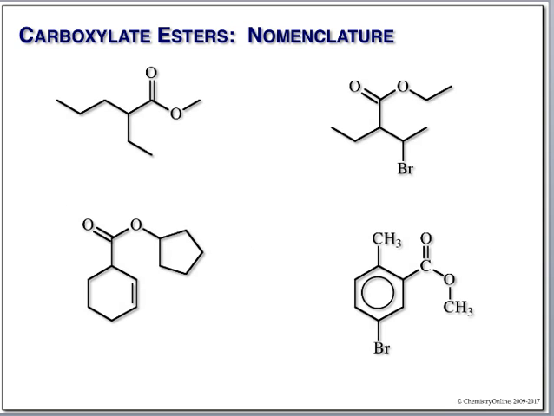Here's our 1, 2, 3, 4, 5 carbon parent. Our alcohol is methanol. So it's going to be a methyl pentanoate with an ethyl group here in carbon 2. Name the alcohol first, and then the acid with an oate on the end.